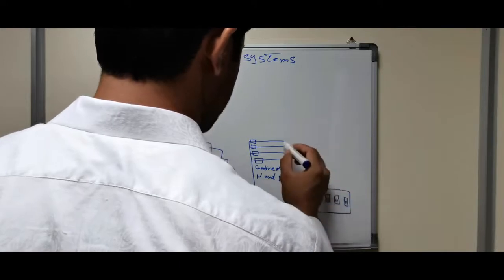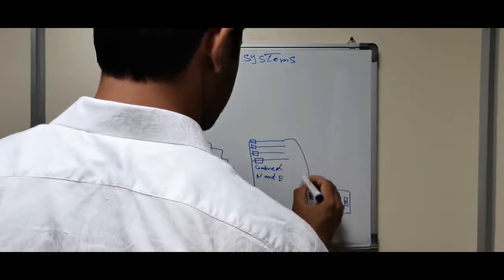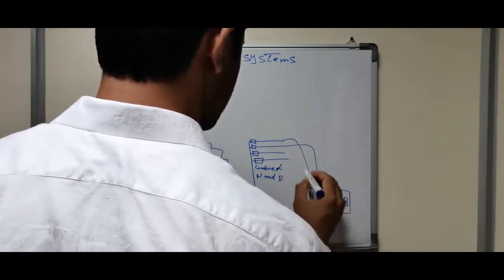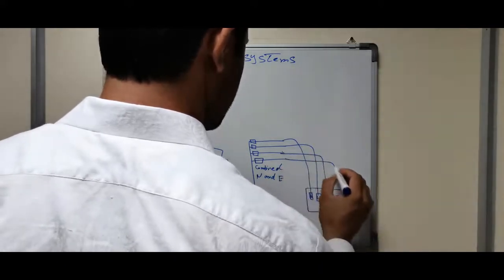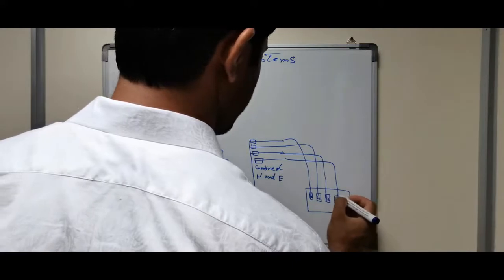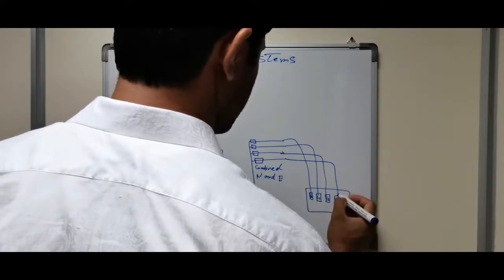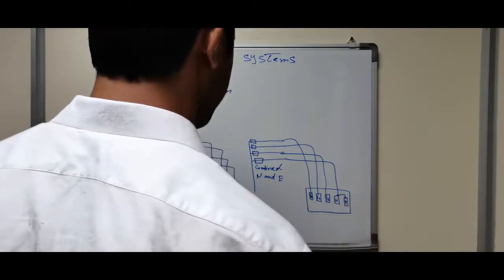So it will come like this: L1, L2, L3, combined neutral and earth, and this is our earthing terminal.